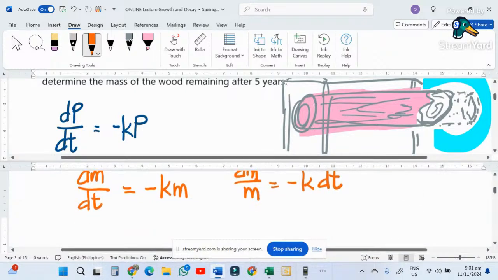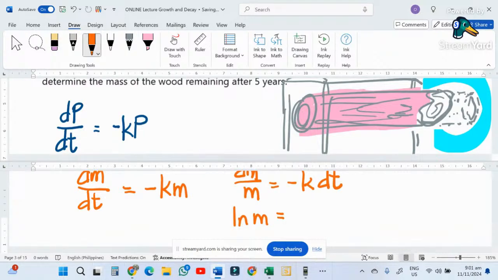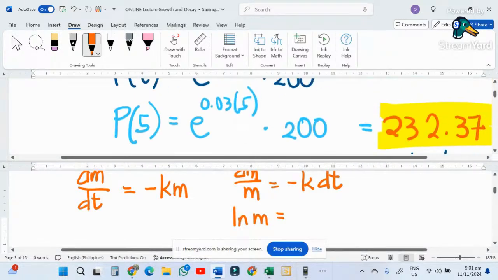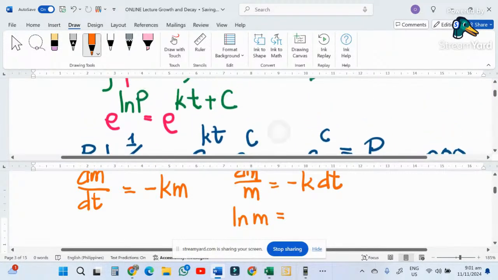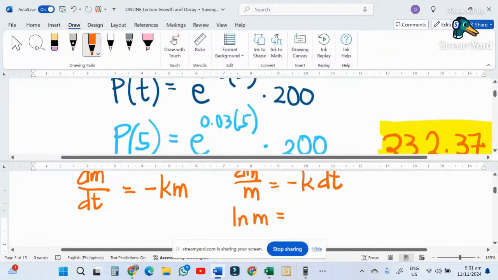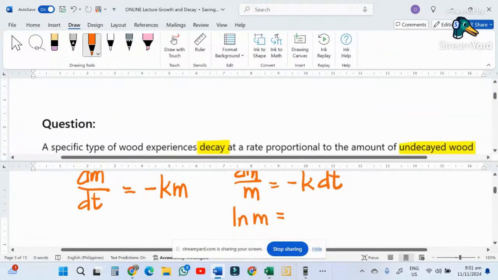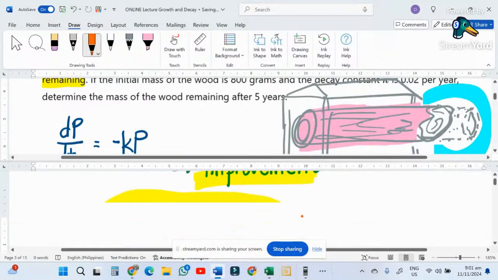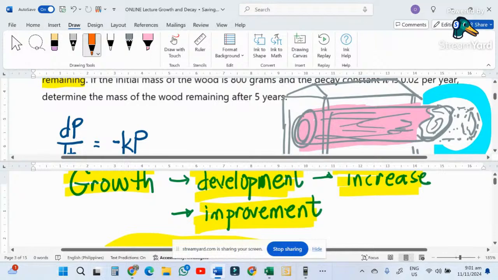And then dm over m, that will be ln m, equal to ln m, and equal to what did I do here? Let me just make it there. Ln m, that was ln P, correct? So we will do the same in here. ln m, minus K.